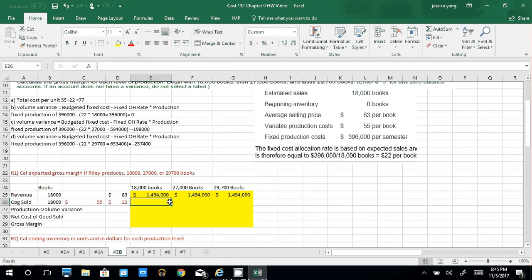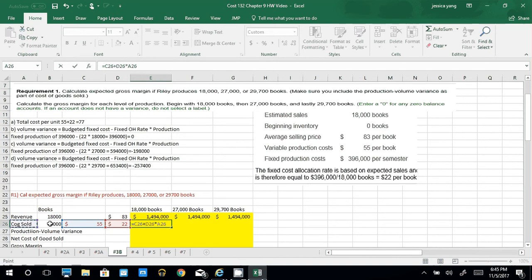I would take $55 plus $22, that gives me $77, and multiply that by the 18,000 books. That gives me $1,386,000.